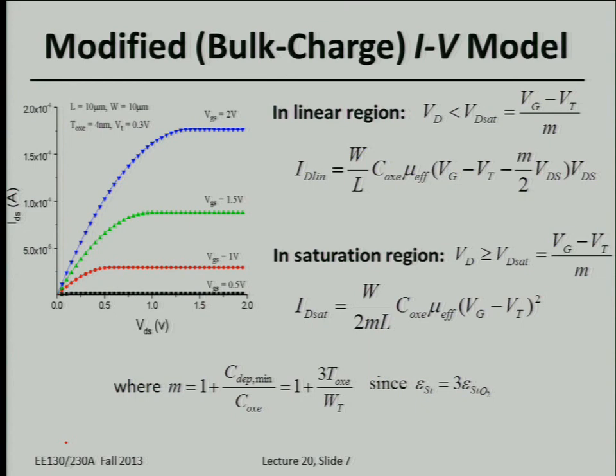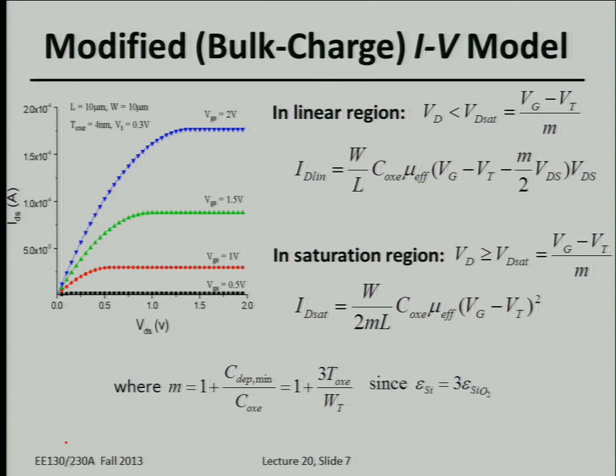So in that case, we use that to correct the MOSFET drive current equations. If you replug in those new relationships, just replacing the previous Vg minus Vt by Vg minus Vt divided by M, and rederive the equations, then as you can see, for the linear region, instead of the previous minus 1/2 of VDS, what you get now is minus M over 2 times VDS.